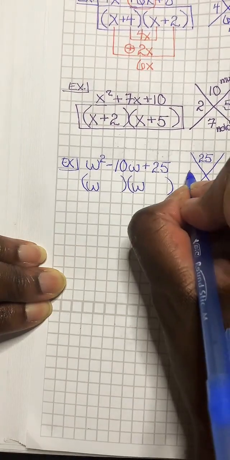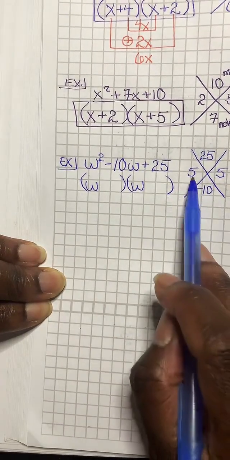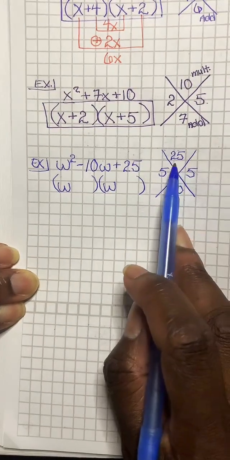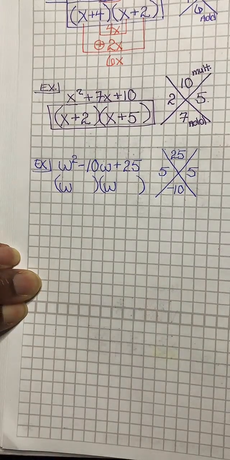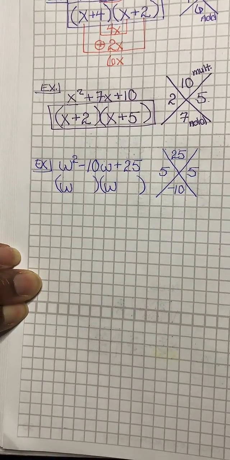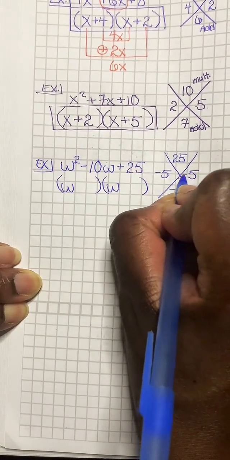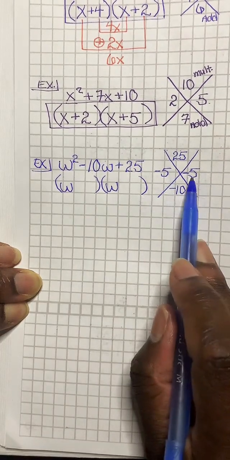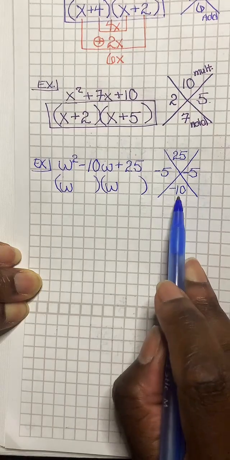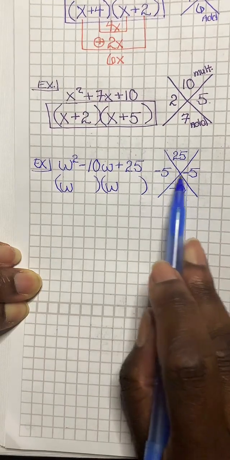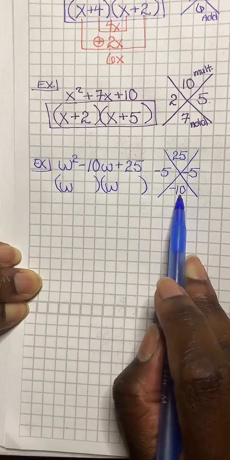And like most of you guys said, 5 and 5, but 5 times 5 does give me my 25, but it doesn't help with my -10. And that's when a lot of you guys started switching, which is great. Because now it's all about the signage. Because a negative times a negative gives me a positive. And a negative plus a negative gives me a negative. Remember, when the signs are the same, you add your numbers together.